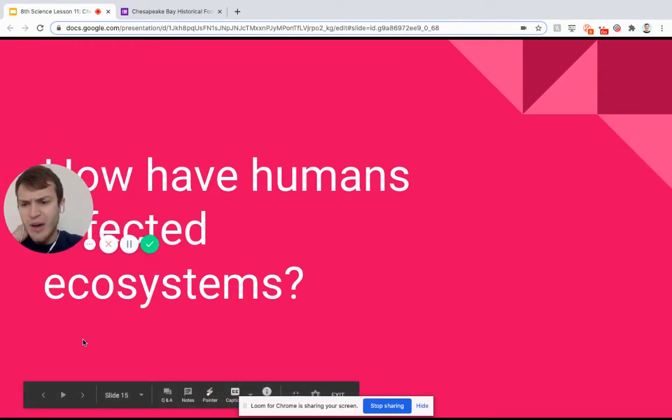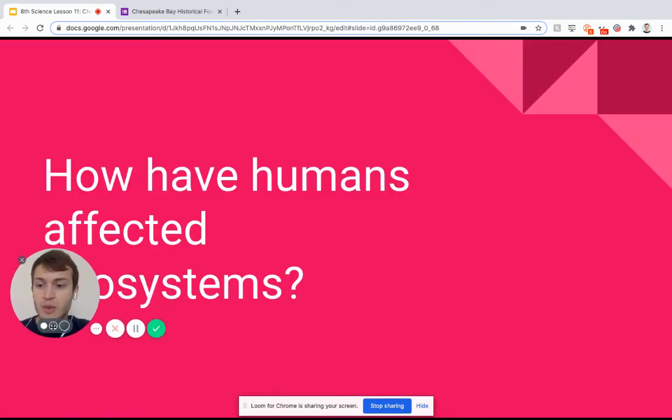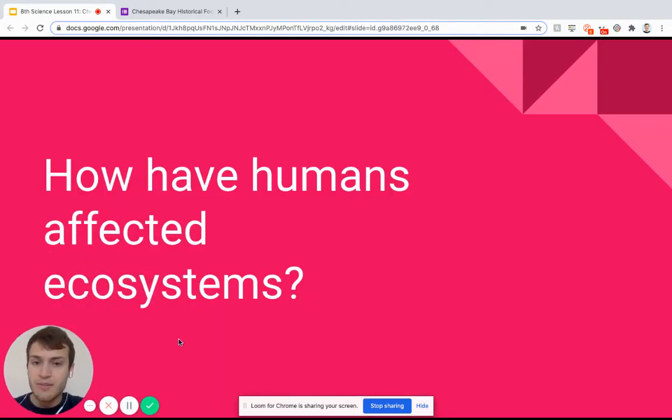But to know how humans have changed Chesapeake Bay, how we've affected it, we have to know what it was like originally. Unfortunately, even though humans have been in North America for thousands of years, we don't really know what Chesapeake Bay was like.